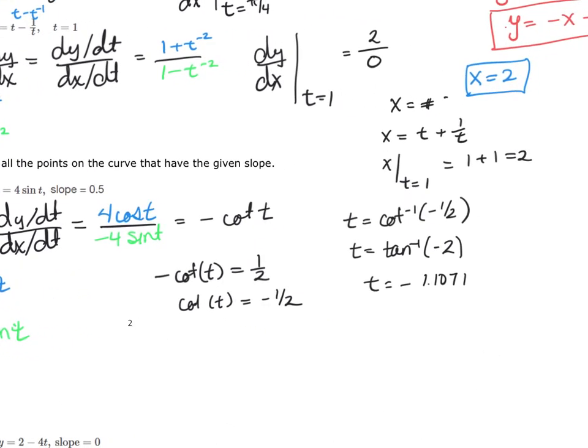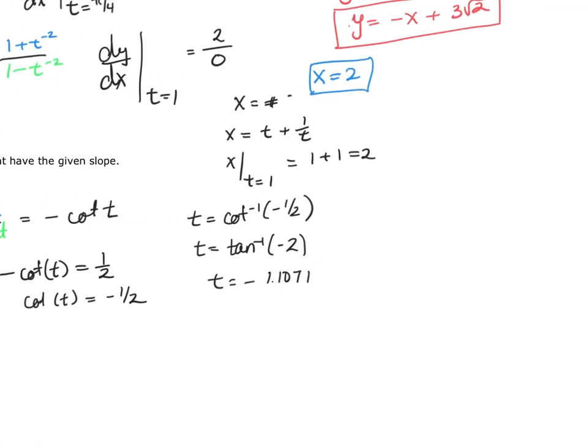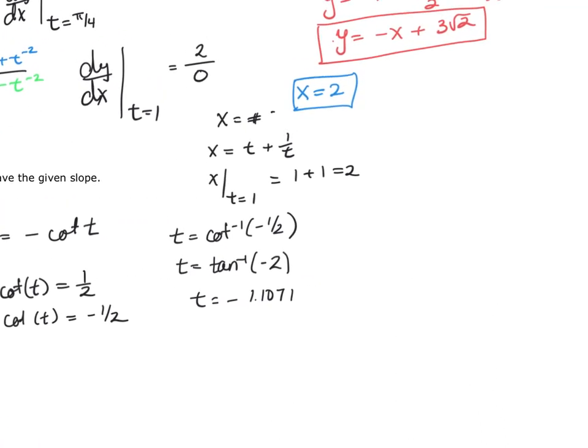Then I want to know the points on the curve that have the given slope. The thing about tangent and cotangent is that it actually happens in 2 places. On the unit circle you're getting a negative number down in quadrant 4, but you're also going to get the same value in quadrant 2.